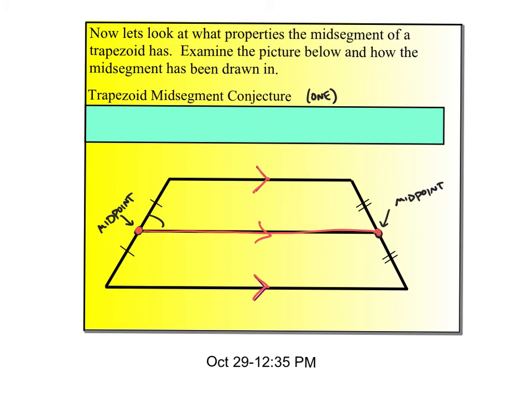What it does is it splits this into 2 trapezoids, which have, interestingly enough, base angles congruent. Now, those trapezoids are not the same size. However, there are some interesting properties that arise within that. We're going to look at those on the next example.